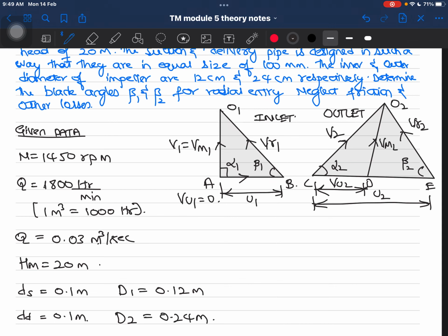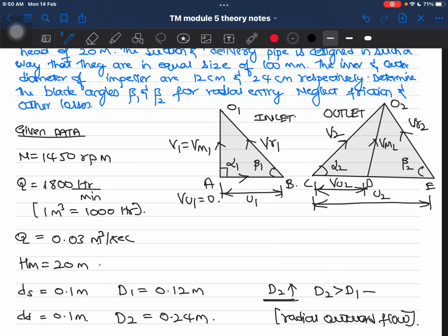If we observe, the value of d2 is higher. So if d2 is greater than d1, you can come to the judgment that it is a radially outward flow machine, which is nothing but a pump, I would say.